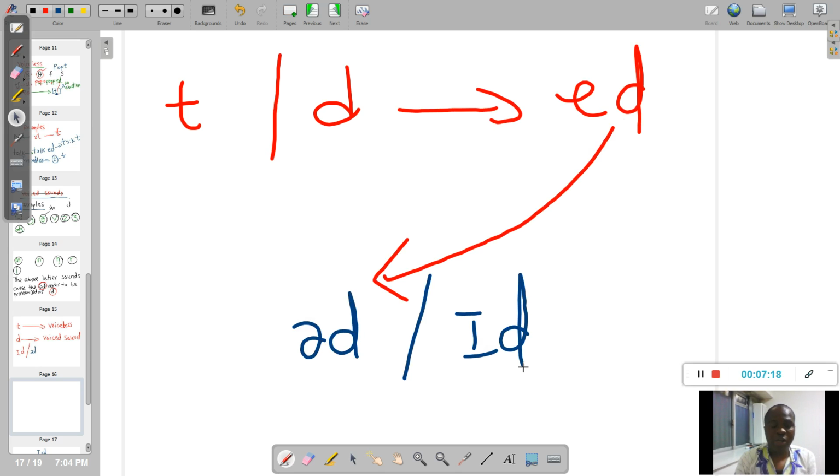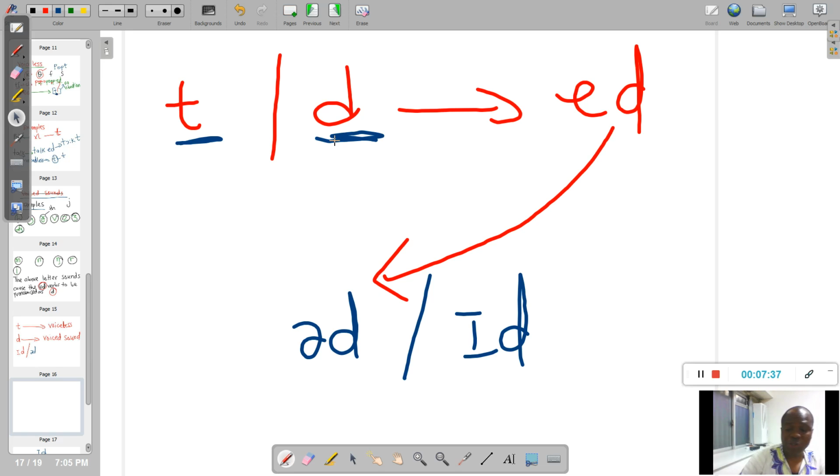Okay, when a verb ends with T or D, this is how we're going to pronounce it. Okay, let's look at examples so that we will be able to understand our analogy.